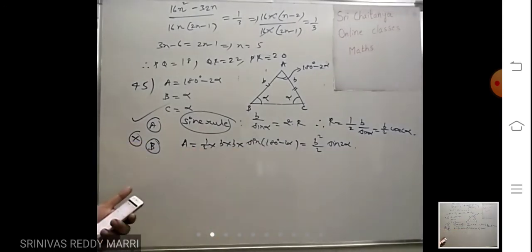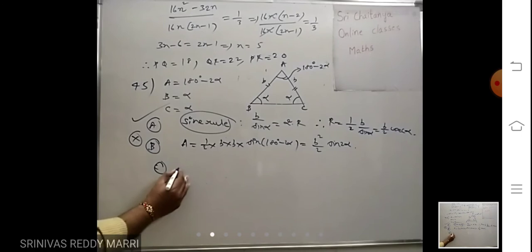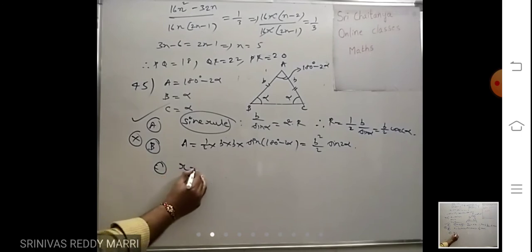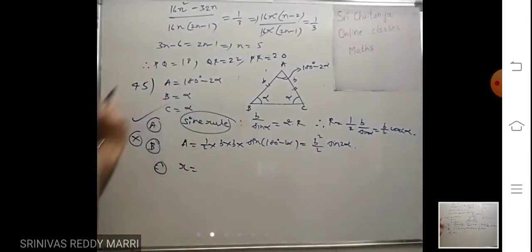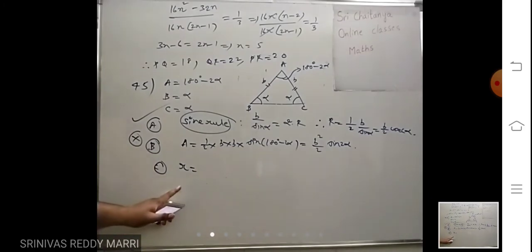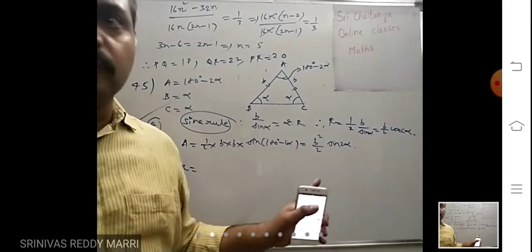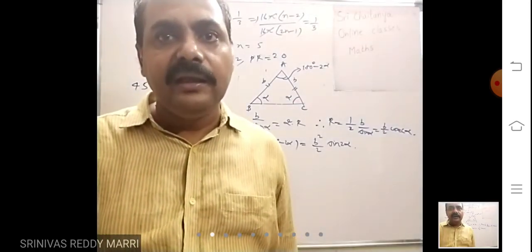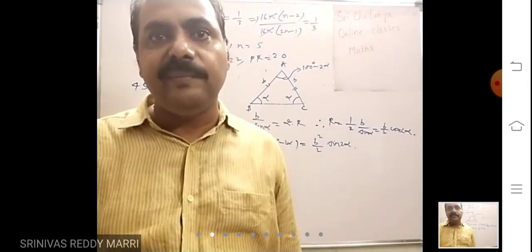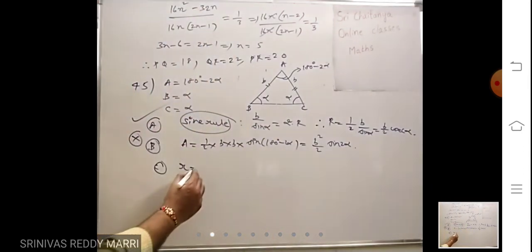Now the third option is asking for the inradius. Small r is what? The inradius. Now you know the circumradius and all the angles. What is the inradius formula? If you know the circumradius and all the angles, you write: 4R sin A by 2 sin B by 2 sin C by 2.